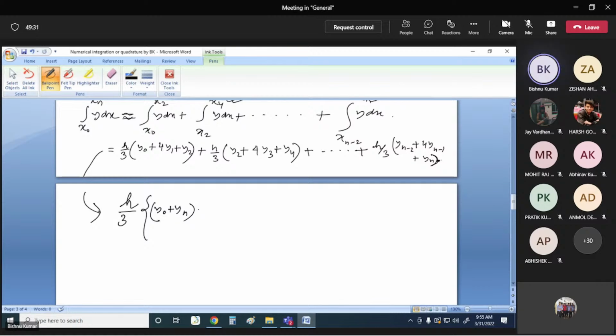So 4 into the sum of odd y ordinates, plus 2 into the intermediate even ones, because y2 appears 2 times, once in one term, and y4 is here, in the next term also y4 will be there. So 2 into the sum of intermediate even y ordinates, meaning y2, y4, y6, in that way up to yn minus 2, and yn, the first value and last value we have taken initially. Okay, this is for remembering purposes, how to remember the composite rule.